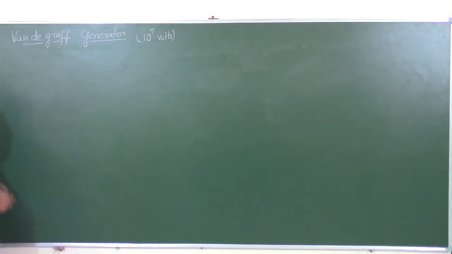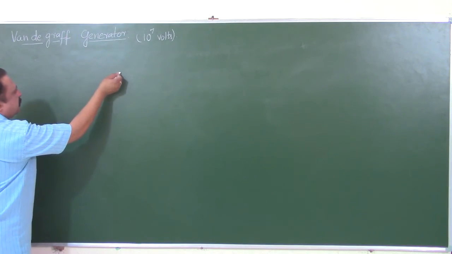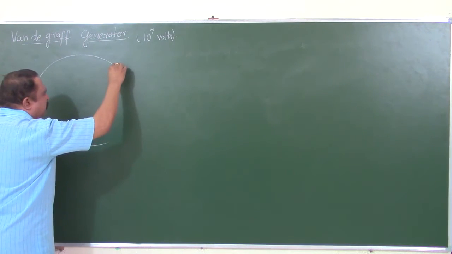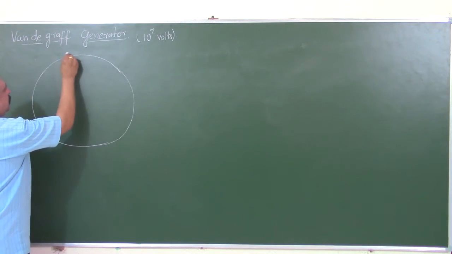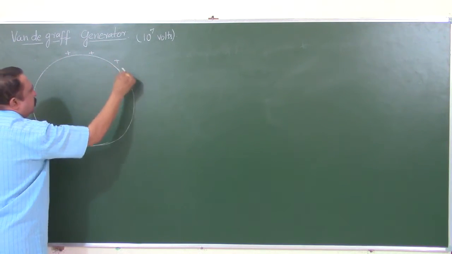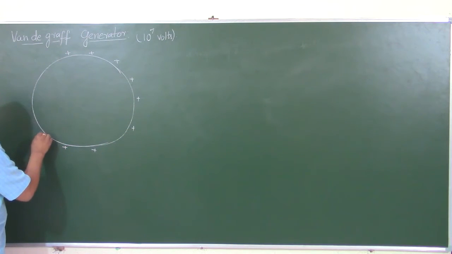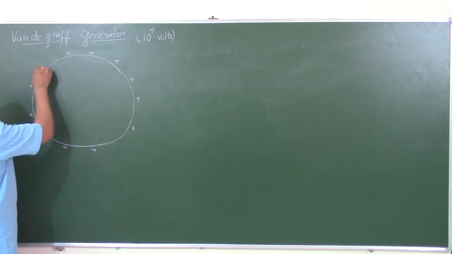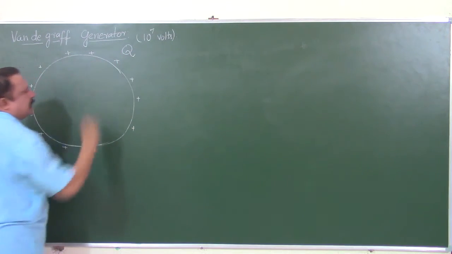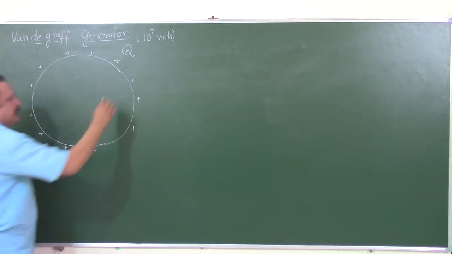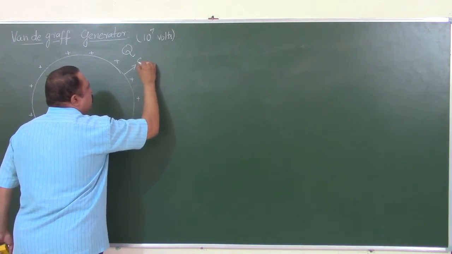Now let me put a diagram for that. Let me consider a conducting shell which is having a charge plus Q, capital Q coulombs. And this is the shell.